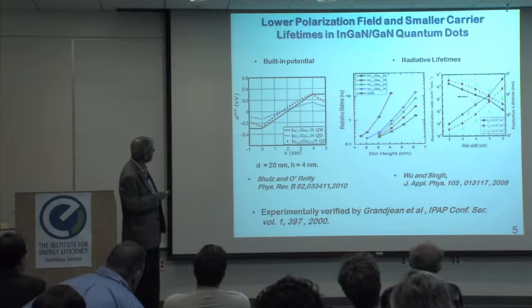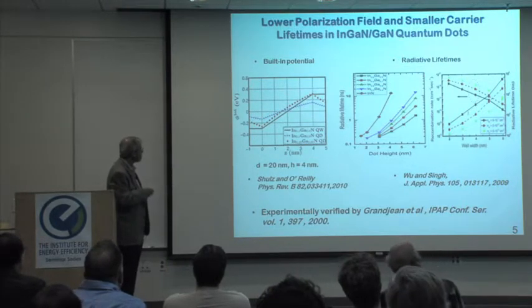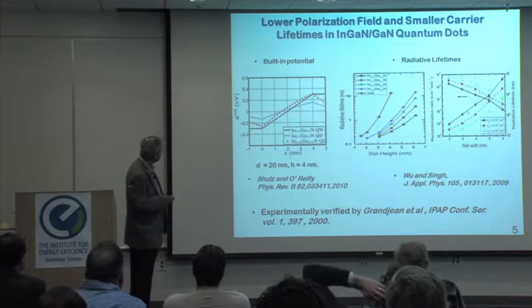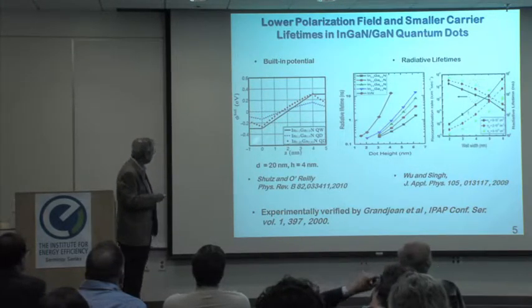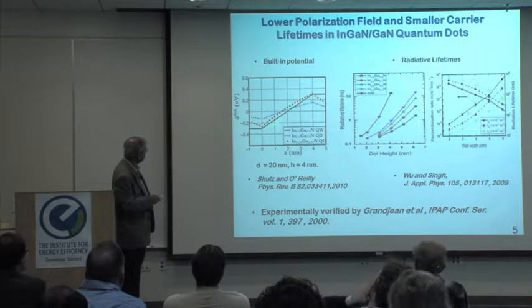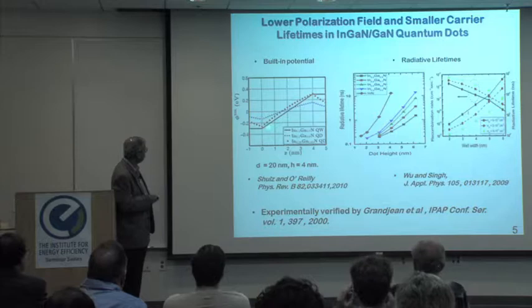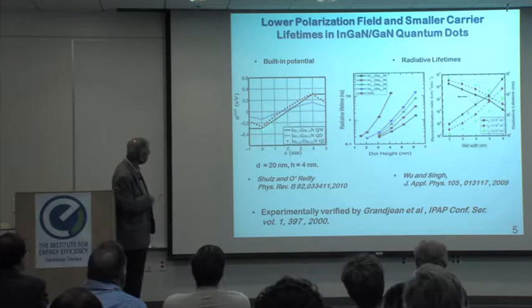Quantum dots, InGaN/GaN quantum dots, why do we want to use them? These two publications came to my attention. One was by Eoin O'Reilly in Ireland, and these are theoretical plots of the built-in polarization potential comparing quantum dots with quantum wells.